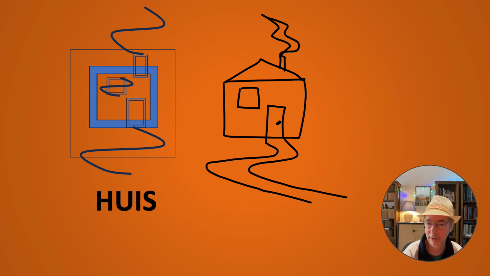And why is this presented? If you ask a child to draw a house, it gives him or her the impression, okay, when there's smoke, it's a nice place to be, because then there's warmth inside and so on. You have a door, so you have an entry, so you also add the entry.